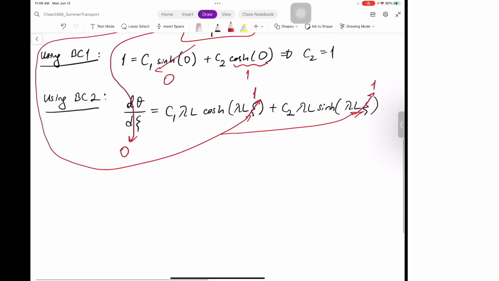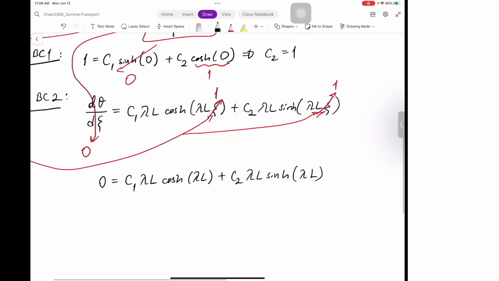Okay. So I get 0 is equal to C1 lambda L cosine hyperbolic lambda L plus C2 lambda L sine hyperbolic lambda L. And I already found that the C2 was 1, right?